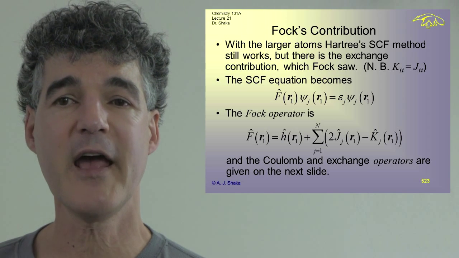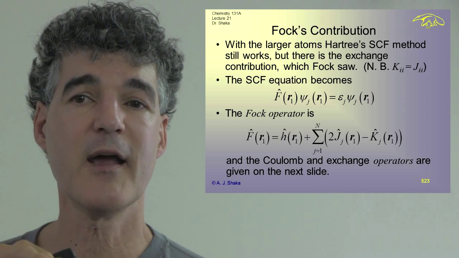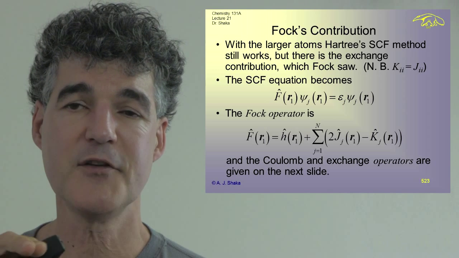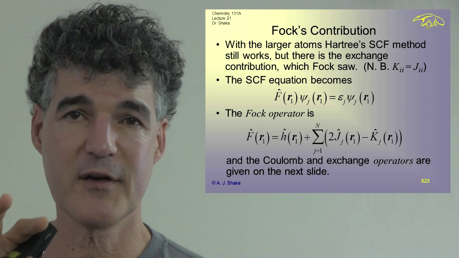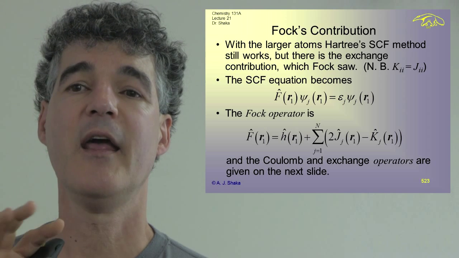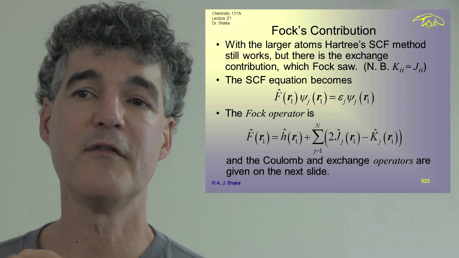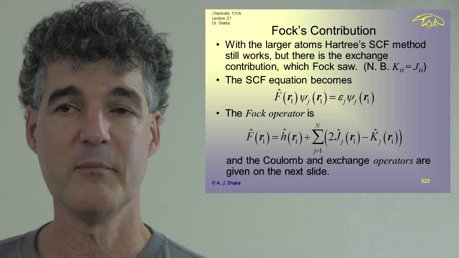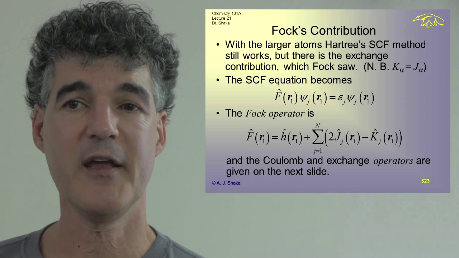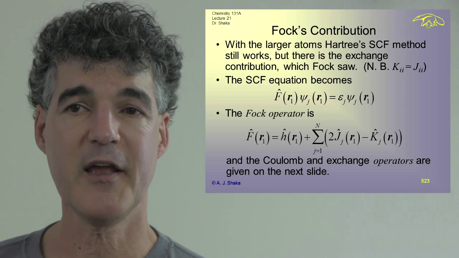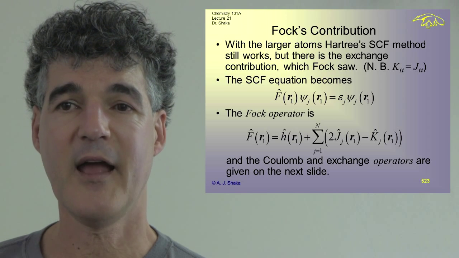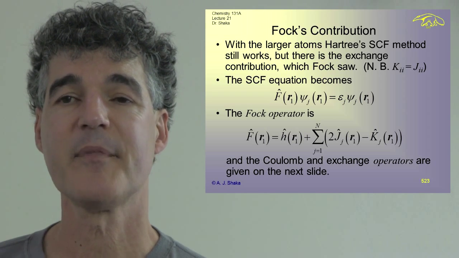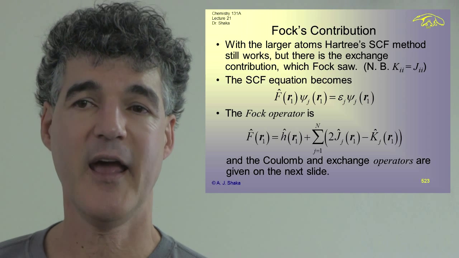And this operator F has our little Hamiltonian, H, which has the kinetic and potential energy of the electron, and then has this sum of these terms, which are the Coulomb part, 2 capital J hat sub j of R1, and minus K hat.